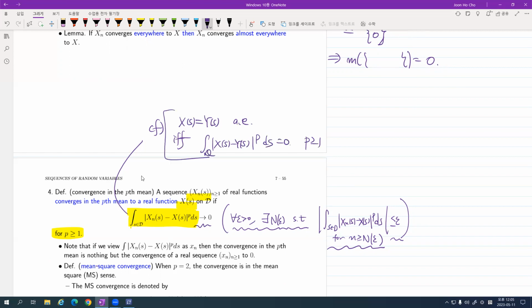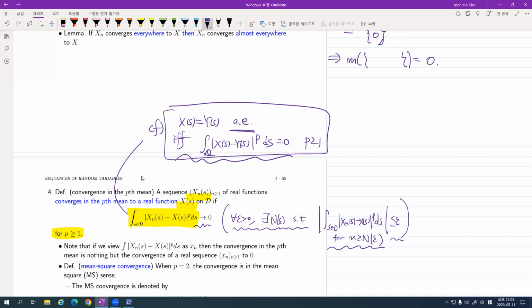So motivated by this definition of almost everywhere equality, you want to define when a sequence of functions converges to a limit. So you just copy that one.